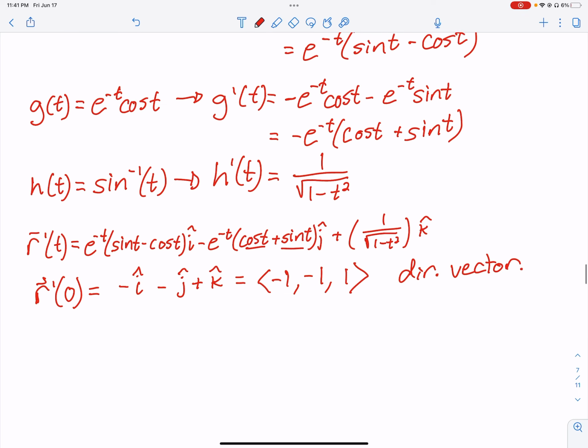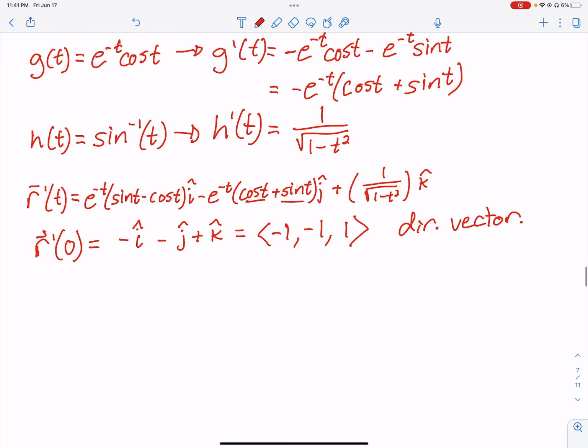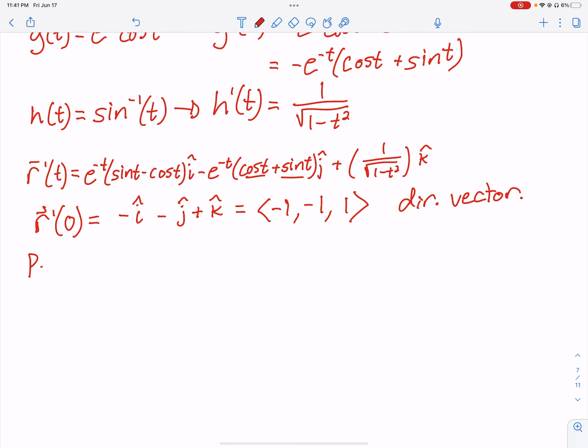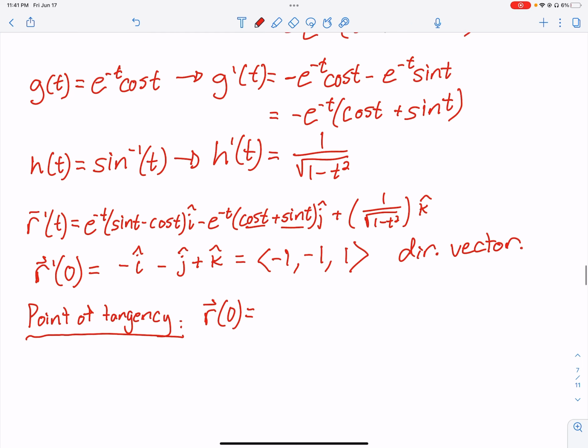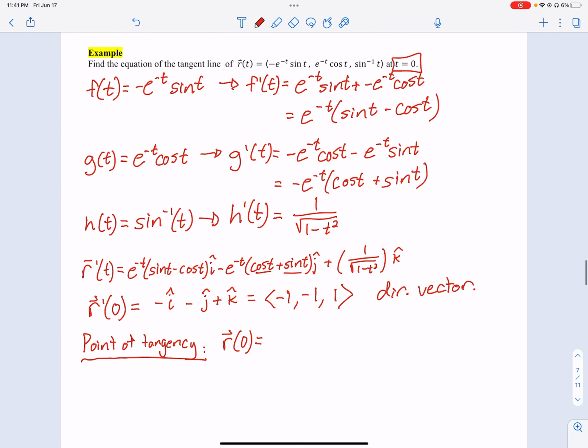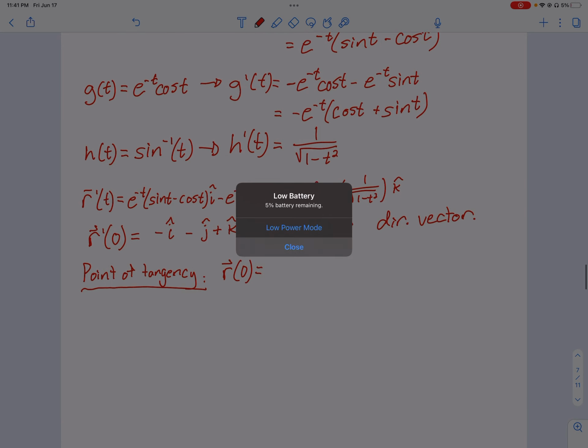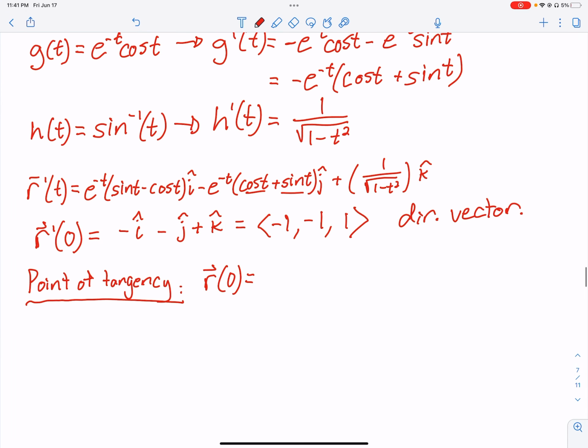Okay, so we found a point. No, we haven't found a point. Let's do that now: the point of tangency. Remember, we just pick whatever point we're looking at. That was t equals 0, and we plug it into our vector valued function. So take a look, there's my original function.